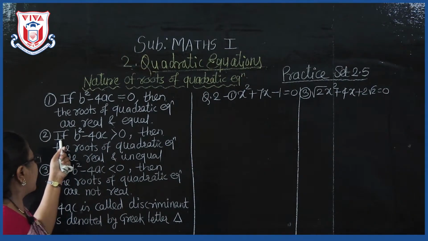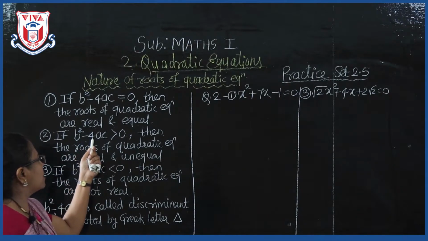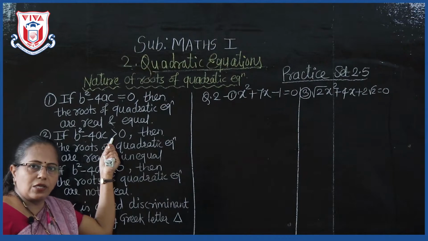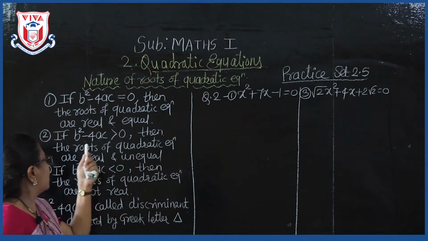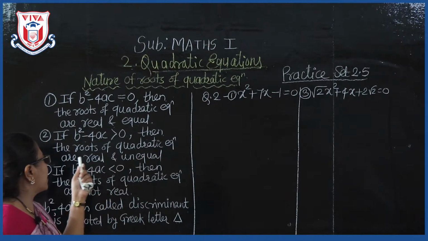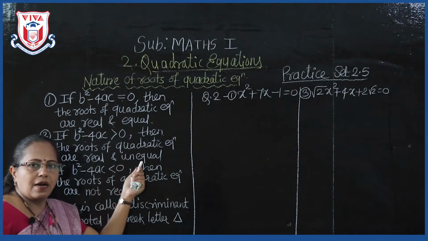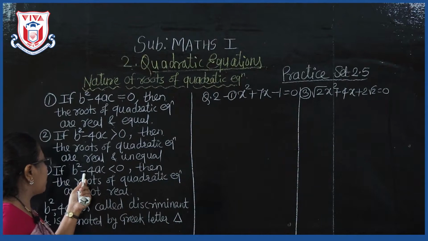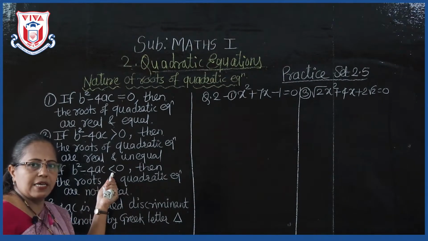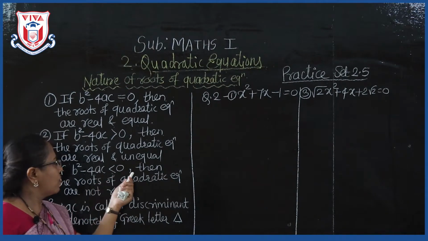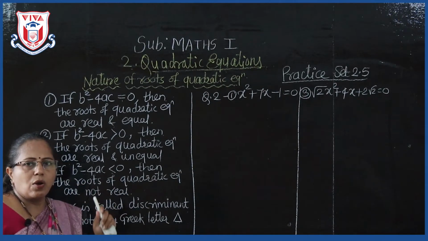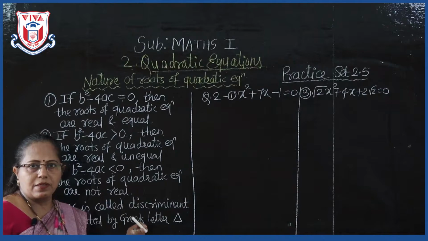Second rule, if b square minus 4ac is greater than 0, then the roots are real and unequal. And third, if b square minus 4ac is less than 0, then the roots of the quadratic equation are not real numbers.